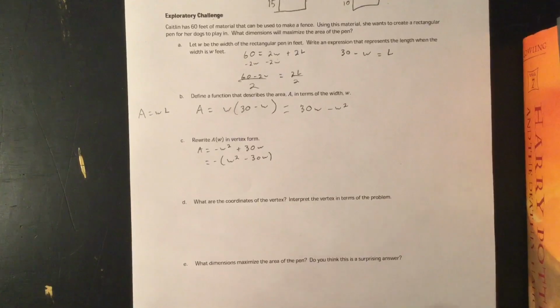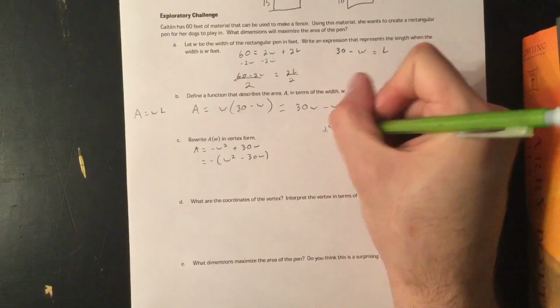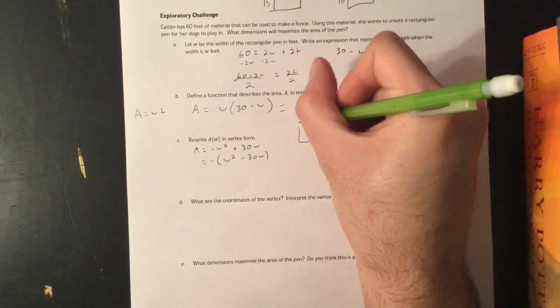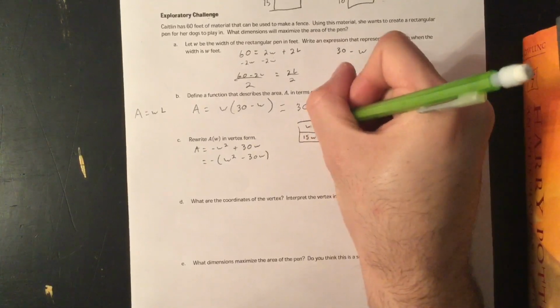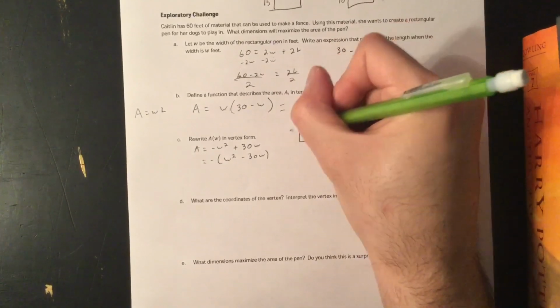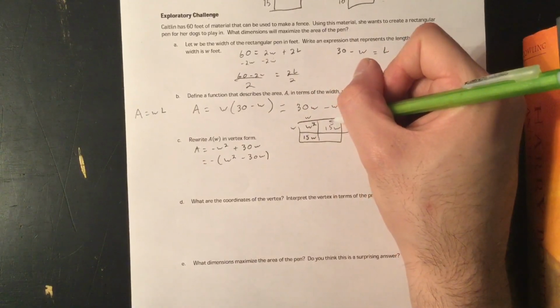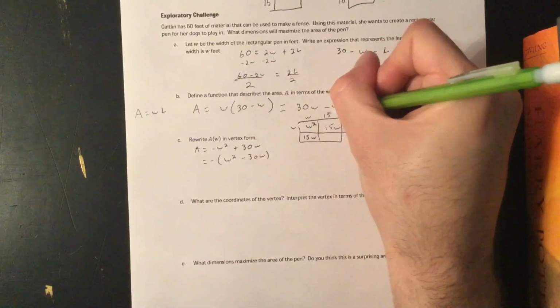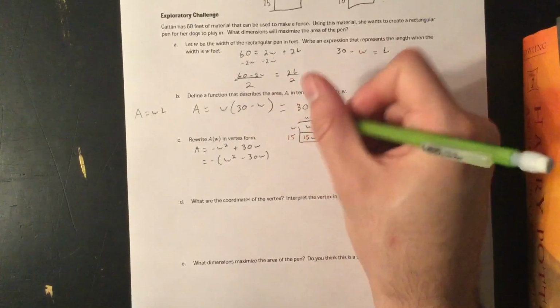Okay, then completing the square, for this one, half of 30 is going to be 15. If we were to use the box method, you would do 15W, 15W, W squared. So we have W times W, and then over here 15 times W gives 15W, W times 15 is 15W.